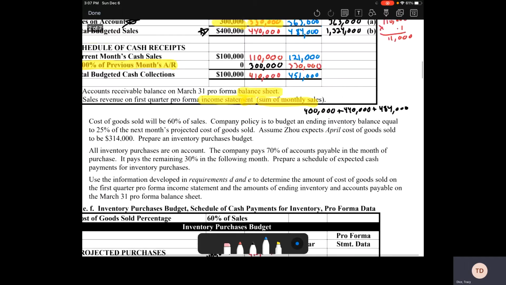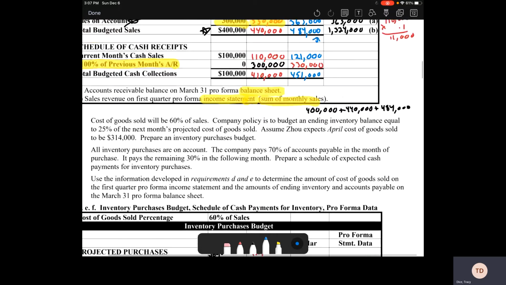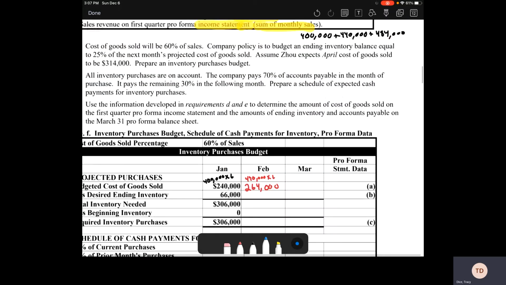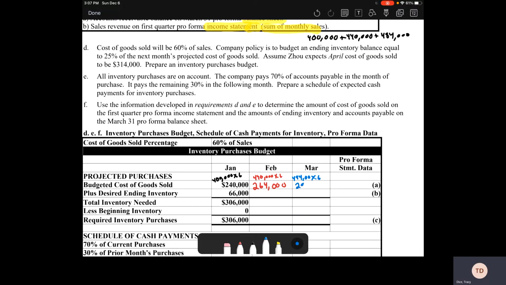And for March, we get 484,000. So that's how we would find our March budget times our percent of sales. And when we do that, we should get 290,400. So those are what our costs of goods sold are going to be when we actually sell this inventory.